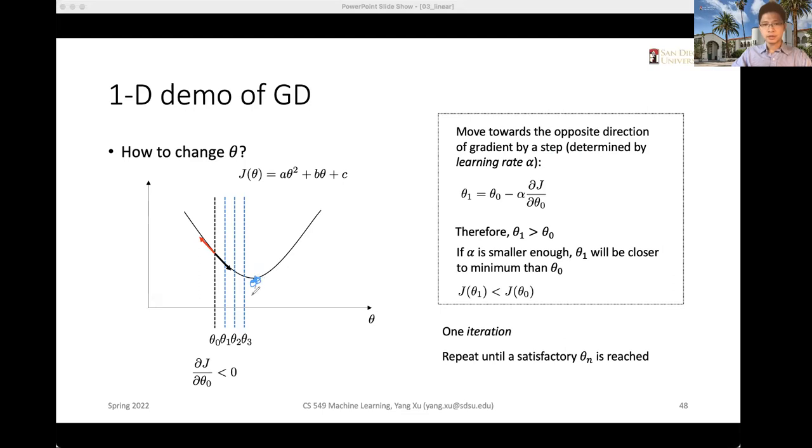Another problem that we need to define later is when to stop, and how do we determine we're happy with the current solution. Okay, that's a demo of gradient descent using a one-dimensional function.